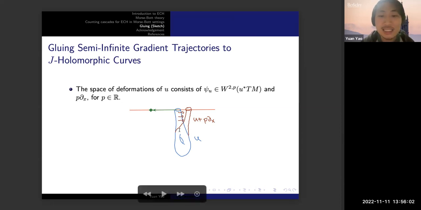And there's an asymptotically constant vector field that moves one of the ends of U along the Morse-Bott torus. Here I've drawn U in blue and the effect of U plus P dx in brown. Are there questions with this picture? If you deform with this vector field, you'll get this brown picture over the positive ends. So this is the space of deformations for U.